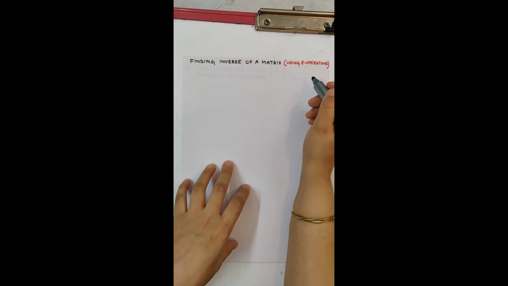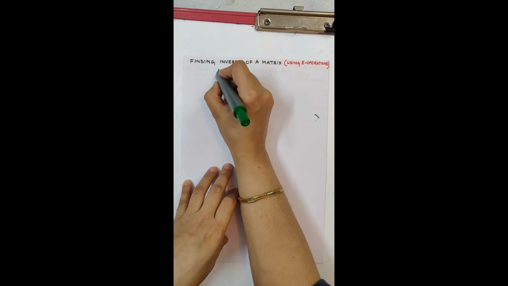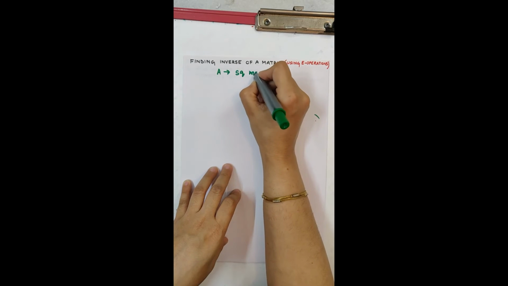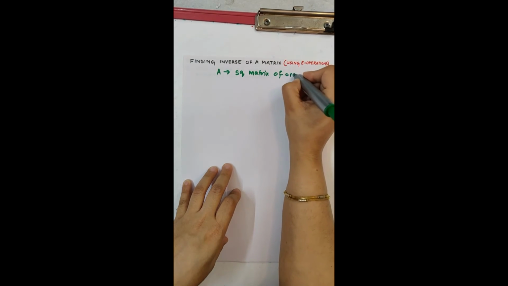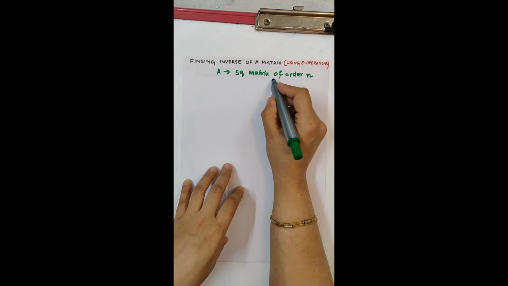Now let us see how elementary operations help us find inverse of a square matrix A. So given a square matrix A of order n, I want to find out its inverse using elementary operations.